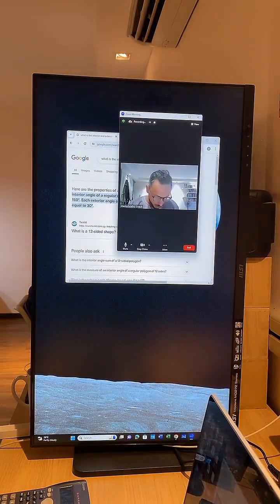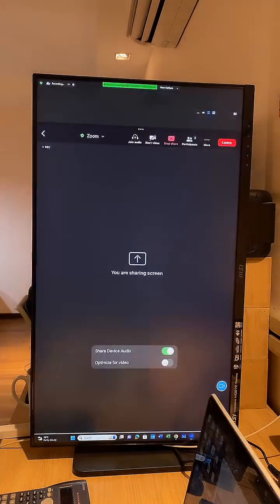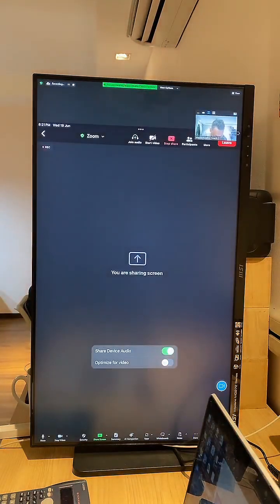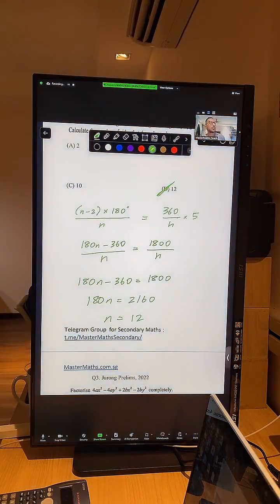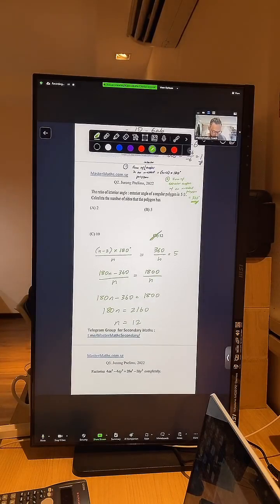Let me go back to my Notability. Okay? So the answer is n equals 12. So those of you who got n equals 12, well done. You got it correct. Okay, let's move on to question number 3.